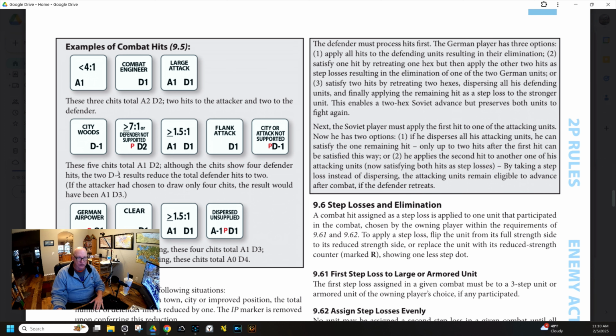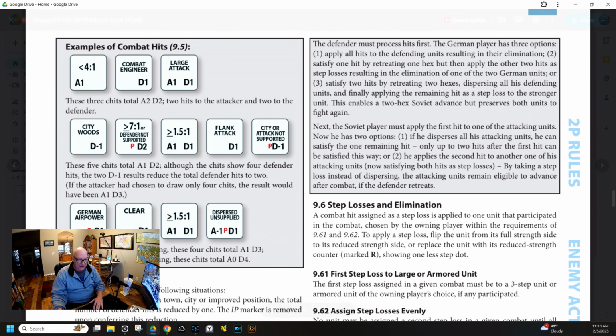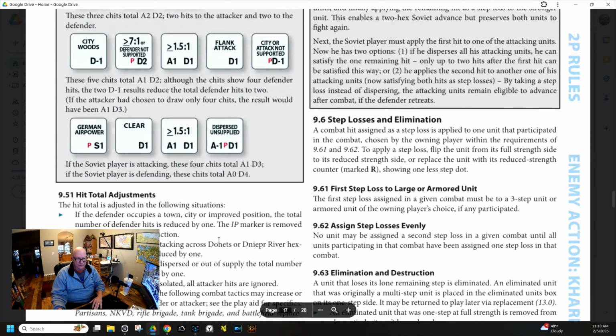Although the chits show 4 defender hits, the D1 and D-1 results reduce the total hits to 2. If the attacker had chosen to draw only 4 chits, the result would have been A1, D3. And then the bottom one, if the Soviet player is attacking, these 4 chits total A1, D3. If the Soviet player is defending, these chits total A0, D4.